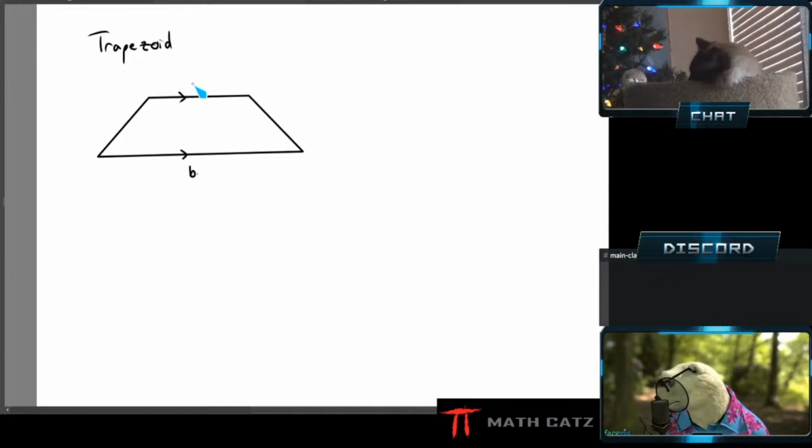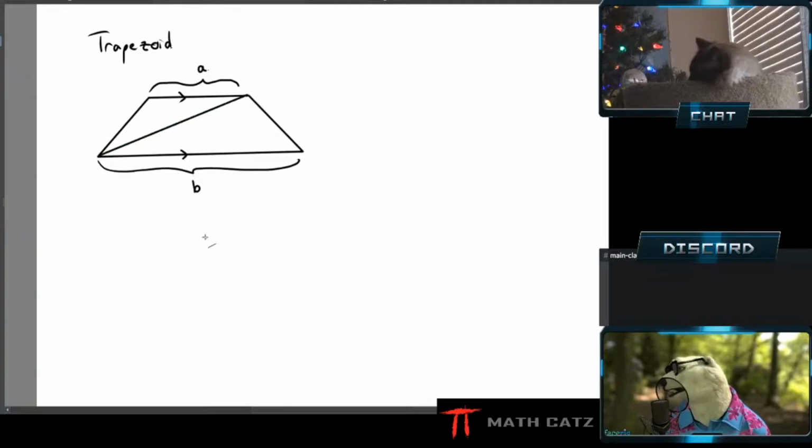This top length, let's call that an A. Let me just put some brackets here. Maybe let me just emphasize in case there are more lines in a little while. That is B. That length is A. What I'm going to do very simply is cut this in half, maybe a little bit more perfectly than that.